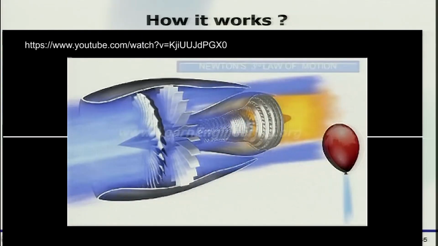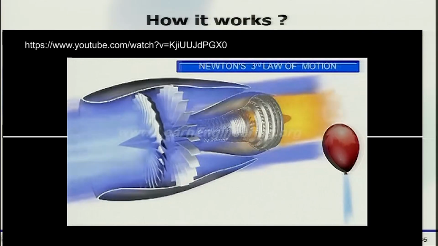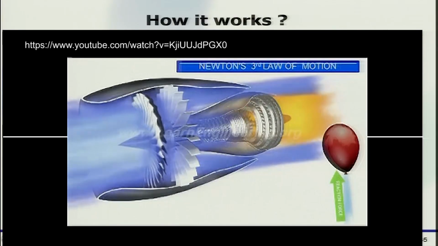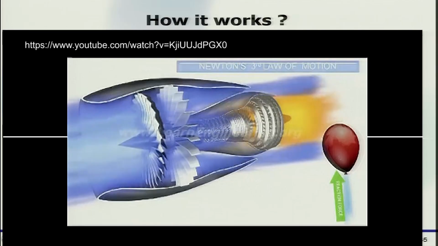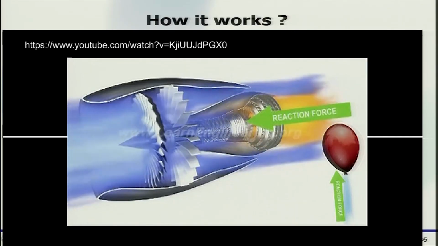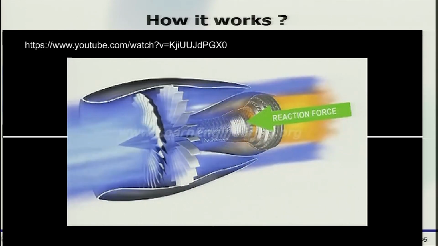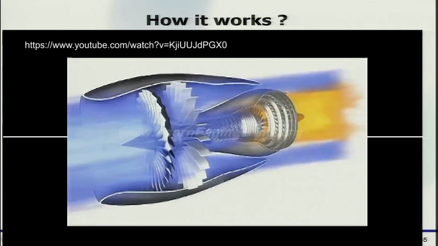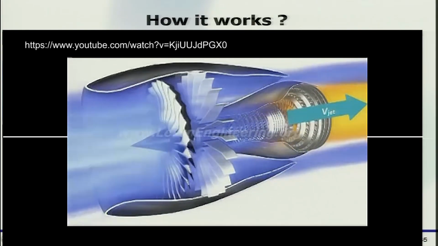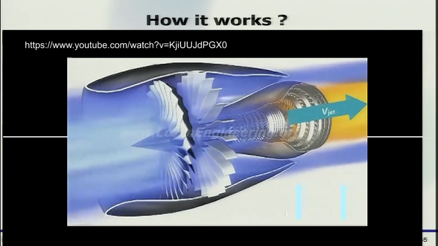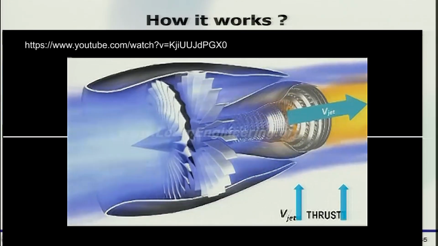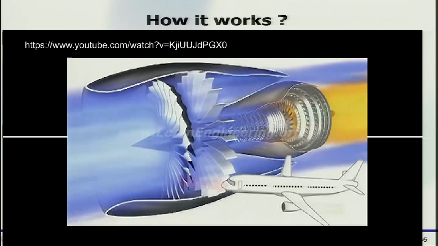Yes, Newton's third law of motion. Just like the reaction force produced by the air moves the balloon, the reaction force produced by the high-speed jet at the tail of the jet engine makes it move forward. So the working of jet engine is all about producing a high-speed jet at the exit. The higher the speed of the jet, the greater the thrust force. The thrust force makes an aircraft move forward.